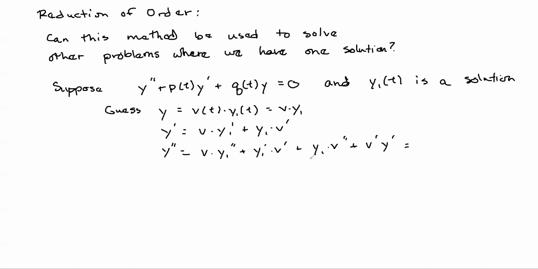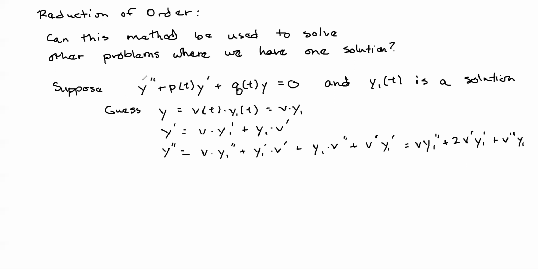And then if you take a look at that, we should have two that have our y1. There's a missing y1 there. Two y1 prime v primes, and so we can combine those. So we get v y1 double prime, 2 v prime y1 prime plus v double prime y1.